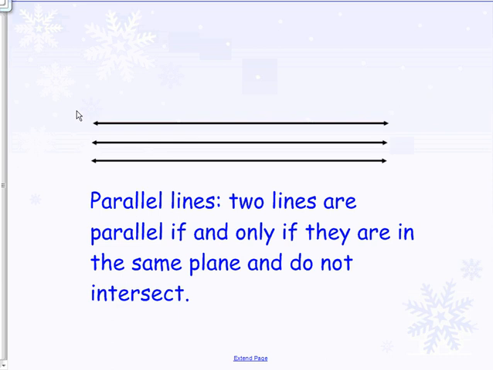Two lines are parallel if and only if they are in the same plane and do not intersect. In this case, we have three lines here, and as you can see, they will never cross over.